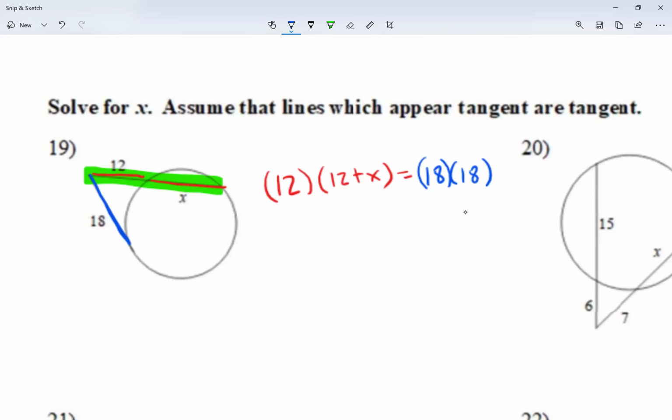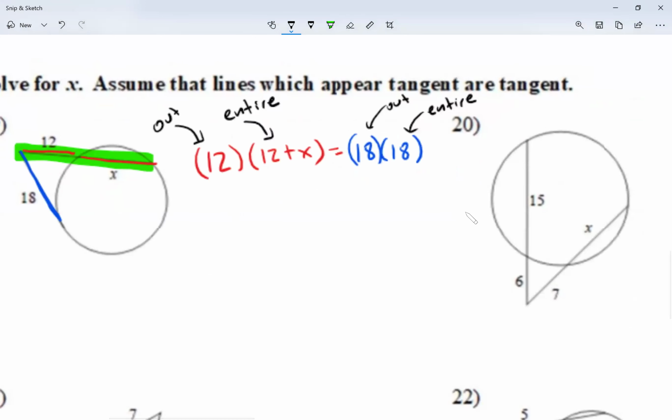And that's it. Remember that the way I was looking at each of these, the first number is how much is outside of the circle. My second number is how much is the entire segment, right? The whole thing.